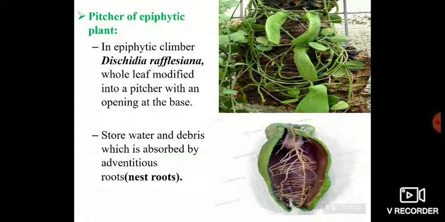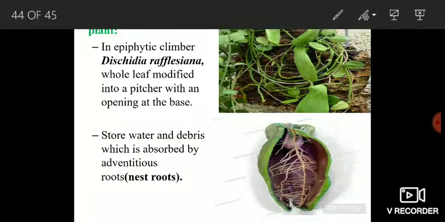We have another modification of leaves in some plants, for example, Dischidia rafflesiana. In this plant, the whole leaf gets modified into a pitcher, and this pitcher possesses an opening at its base. Here you can see this is the pitcher of Dischidia rafflesiana.